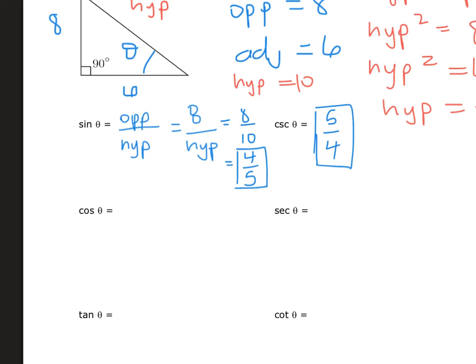All right, cosine. This is where we're going to take the adjacent side length over the hypotenuse. We know the adjacent side is 6. We already found the hypotenuse. It's 10. Plug that in. Reduce, and we get 3/5. The secant is the reciprocal of cosine, so it is going to be 5/3.